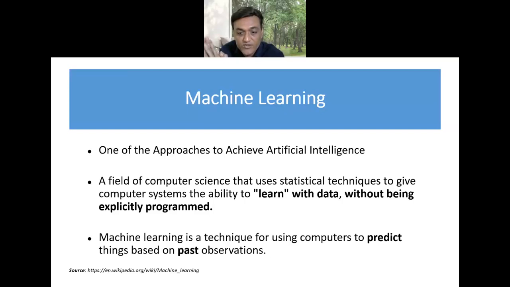And machine learning is a technique for using computers to predict things based on past observation. Let me give you an example. Say I want to create a system by which I can identify the result of a student just by looking at the face of the student. Is it possible that I can fetch the details of the student's result?